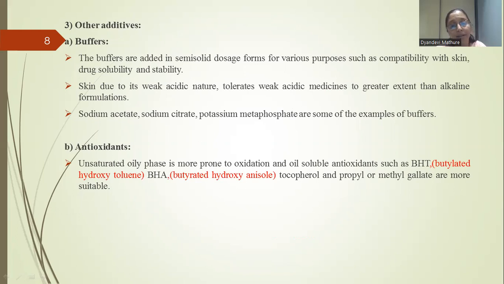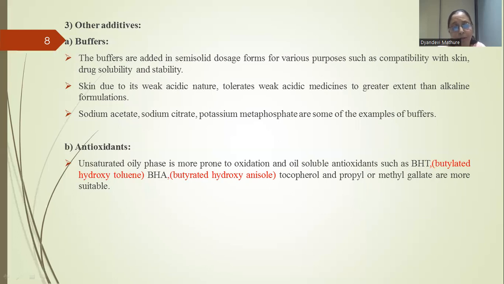These are added in the semi-solid dosage form for various purposes, to maintain the pH, such as compatibility with the skin. Whatever formulation we are preparing should be compatible with your skin, in the sense it should have the same pH as that of your skin, and for drug solubility as well as stability. Your formulation should be stable. The skin, due to its weak acidic nature, tolerates weak acidic medicines to a greater extent than alkaline formulation.